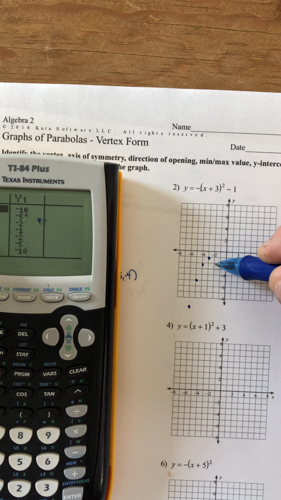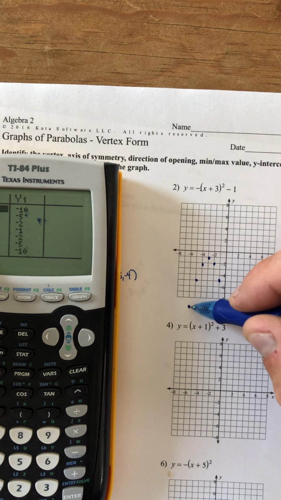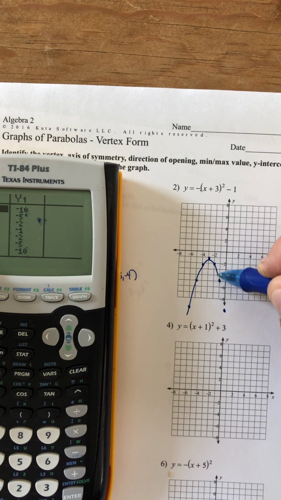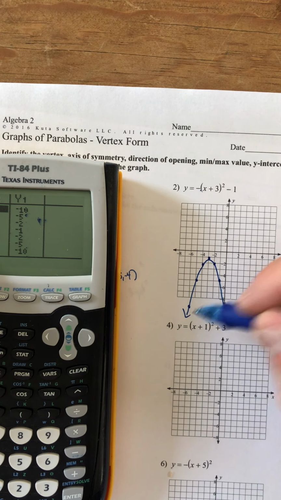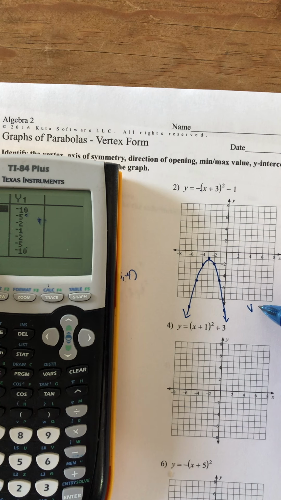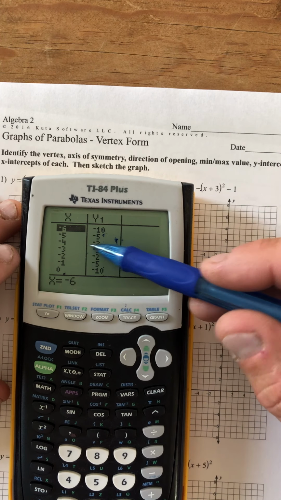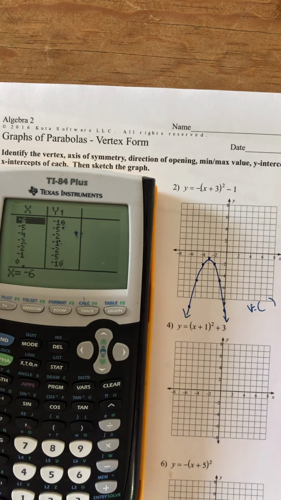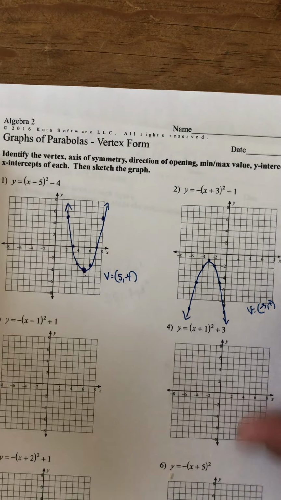I get -2, -2. I have -1, -5, and 0, -10. Nice smooth lines. And just my vertex is our highest point in this case, or a middle one on this, which is -3, -1. And that's going to be it today.